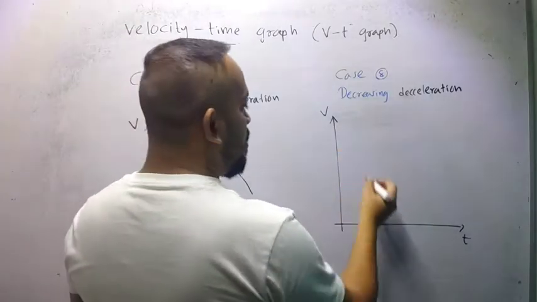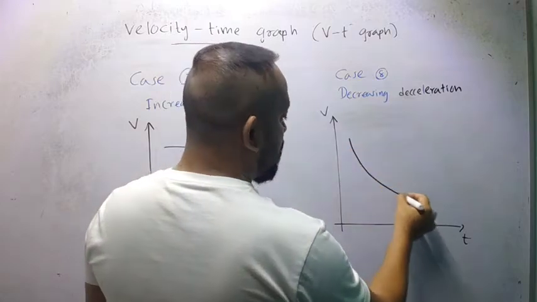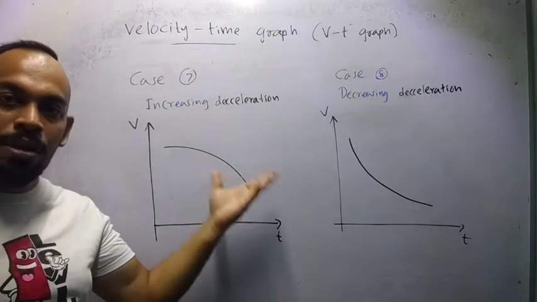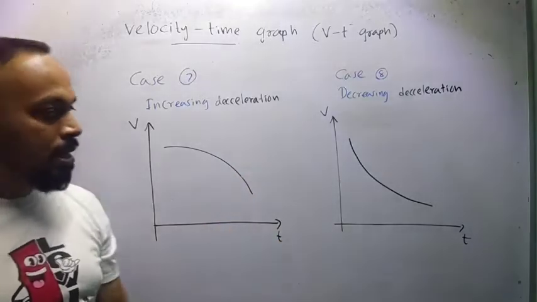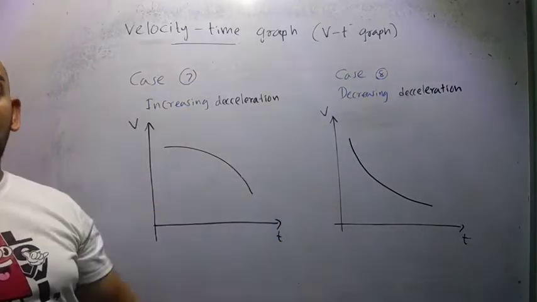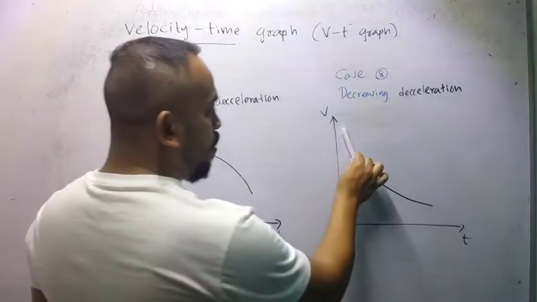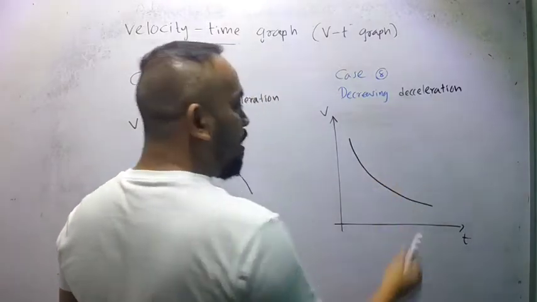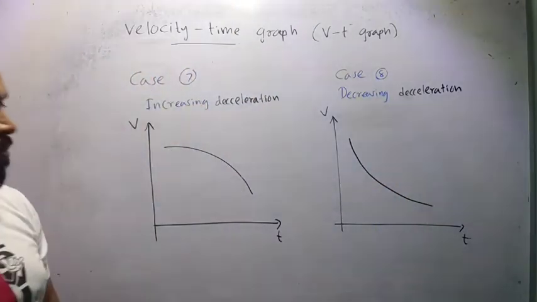Then decreasing deceleration: this is still a deceleration, so the velocity must decrease, but the rate of decrease changes. See, the slope is decreasing, the angle is decreasing.